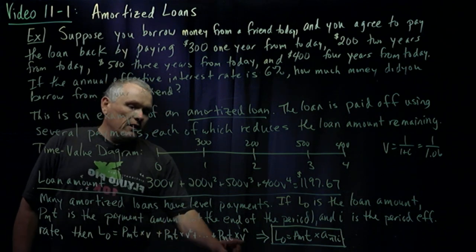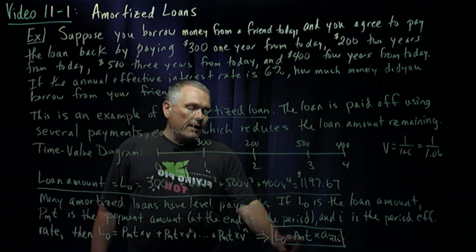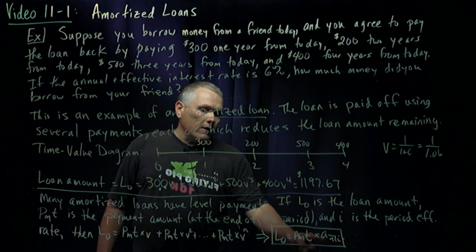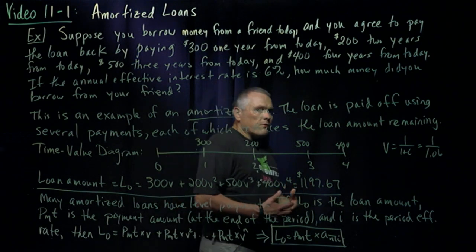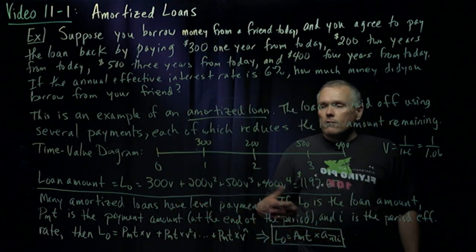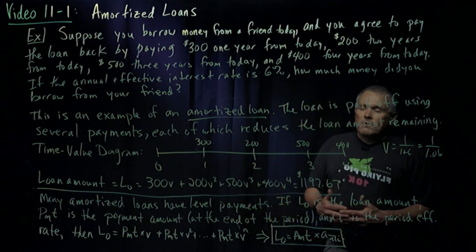Each of these are at the end of the period. So your initial loan amount will simply be the payment amount times the present value, a angle n at i. And we'll see in subsequent videos how we can use this formula to figure out payment values and even loan amounts from this. So we'll see that in next videos.